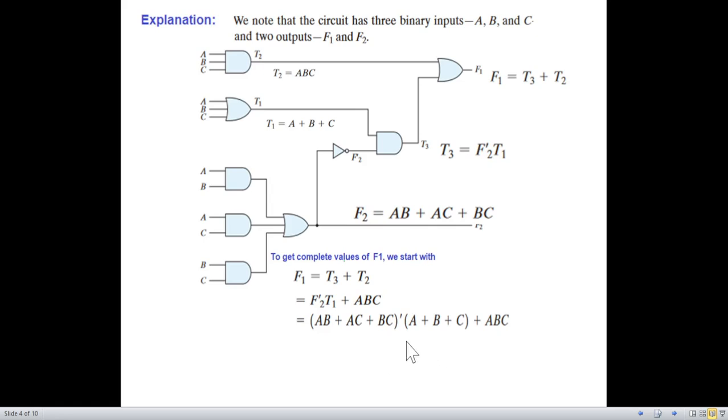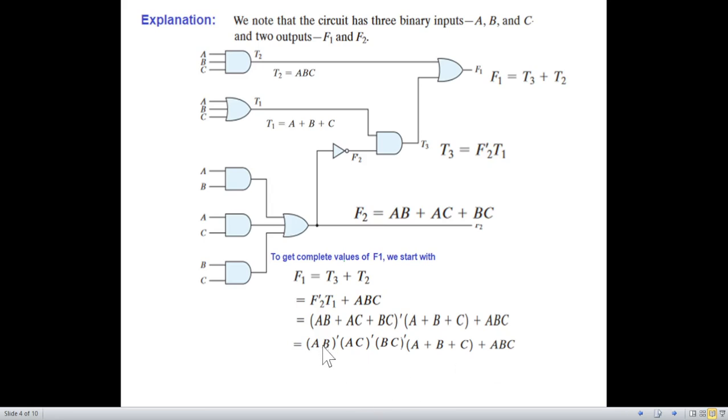And now if you recall, how do we open a bracket which has an inverter? We change the sign and also the variable gets a dash. So this will be AB dash. This plus will be replaced with the AND or a dot, then AC dash, and then dot BC dash. This will remain as it is here.